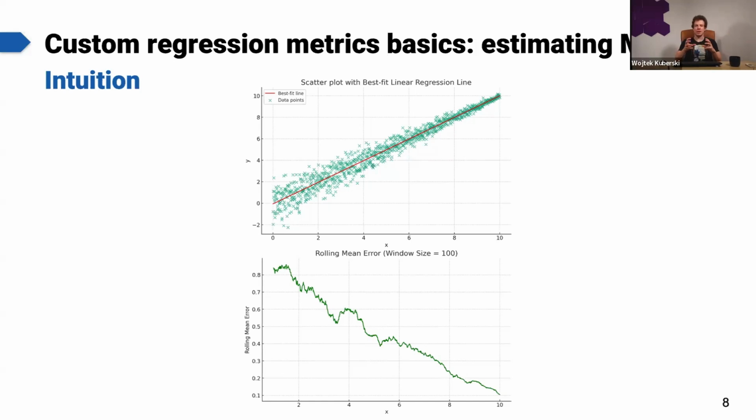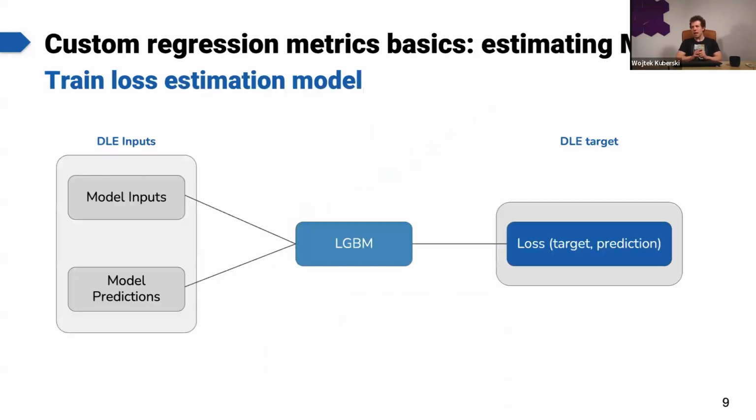So we can actually use the value of feature x to predict model error, which for regression metrics is basically model performance. And now let's look at how we can use that idea to train a model that will predict the model error, absolute error, or squared error, and how we can train this kind of loss estimation model that we can then use to estimate model performance later on in production without access to targets.